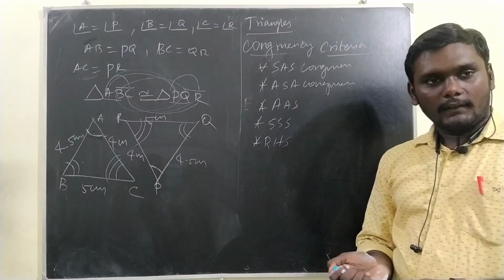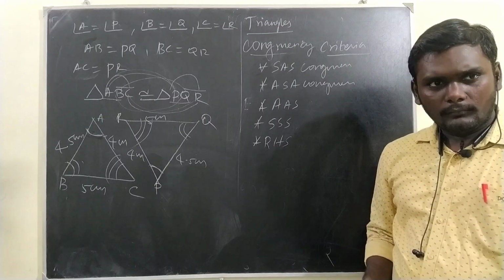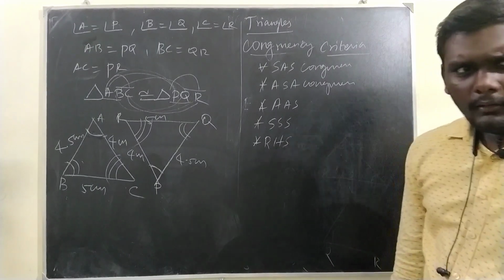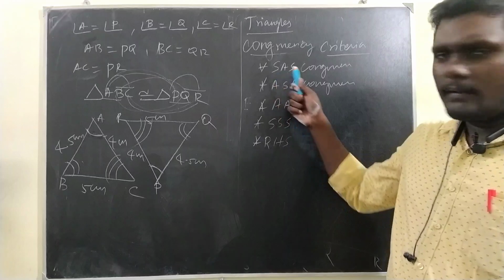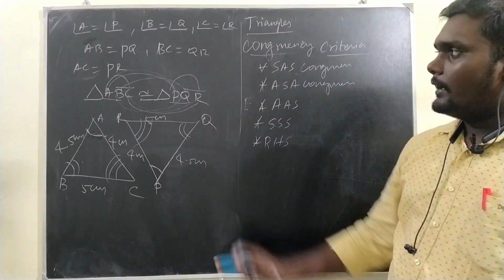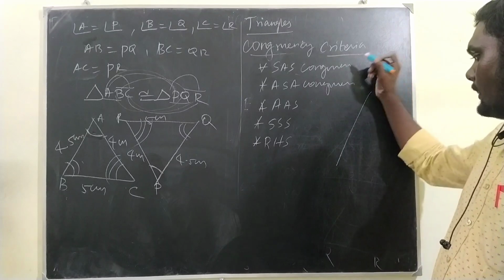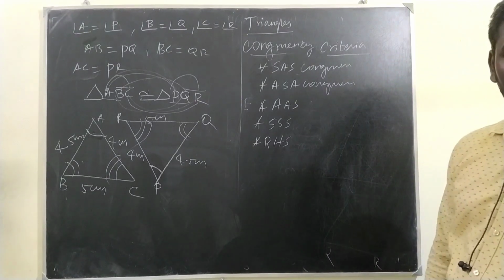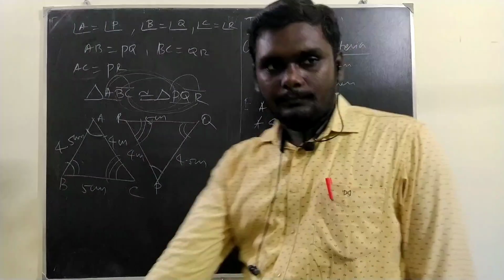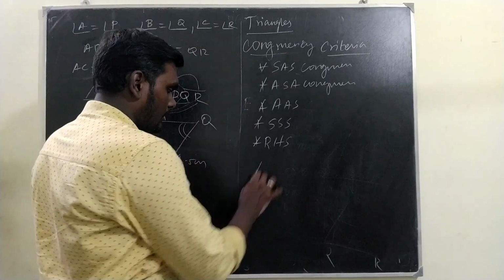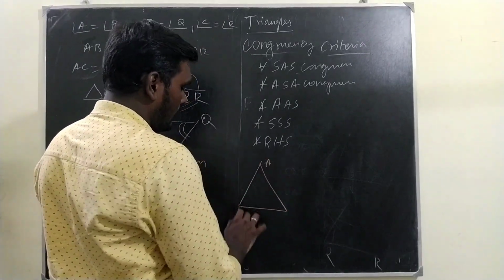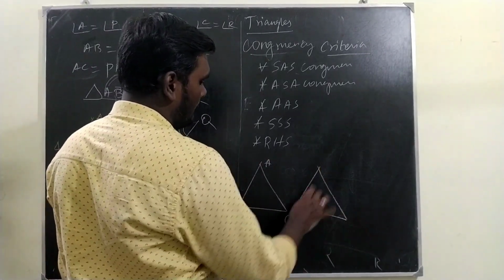Here S stands for side, A stands for angle. So when it is SSS or SAS, we use the included angle and the containing sides. For example, we have triangle ABC and here triangle PQR.